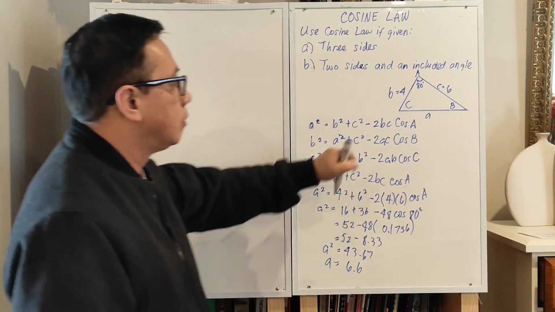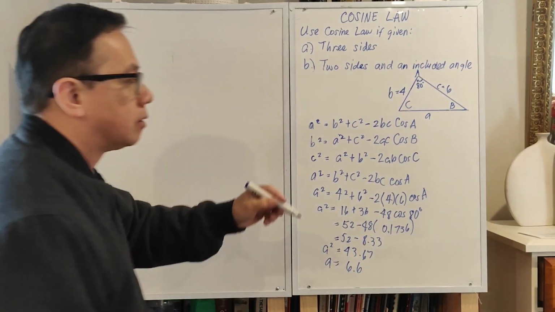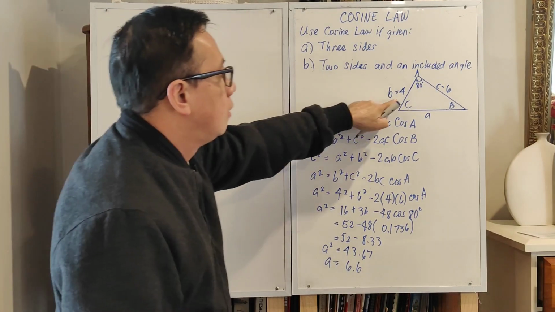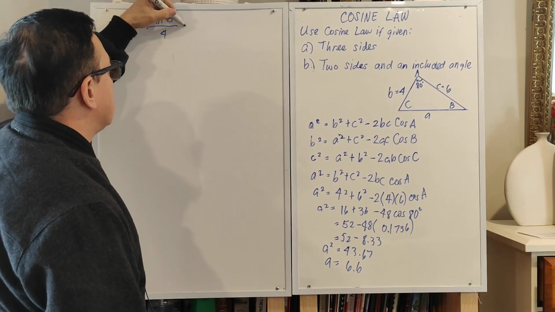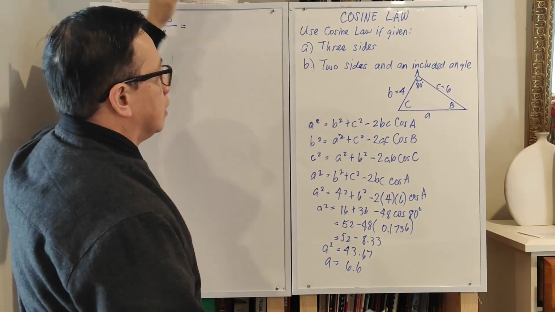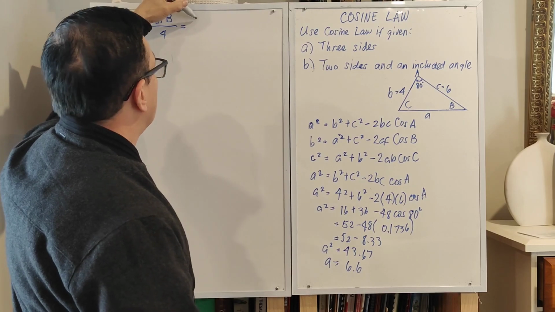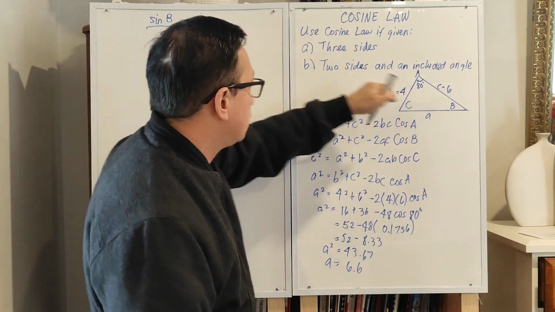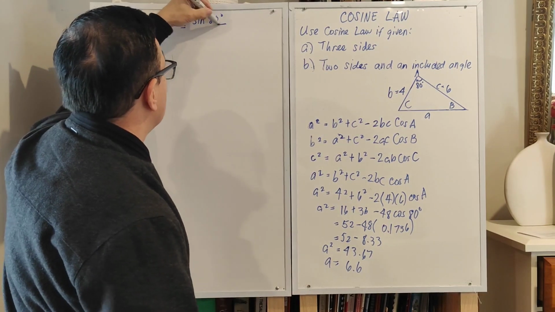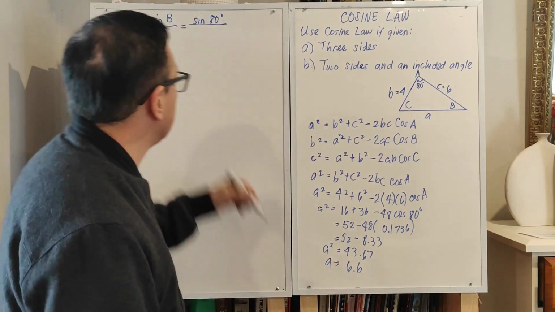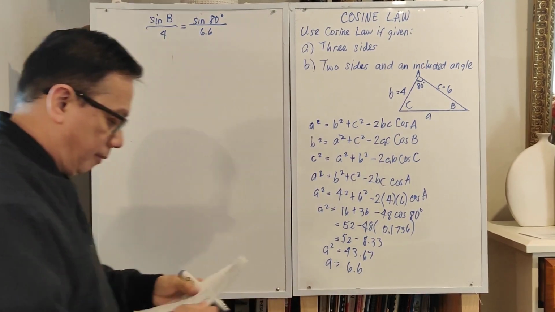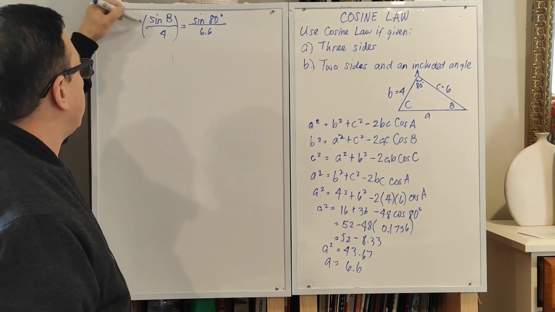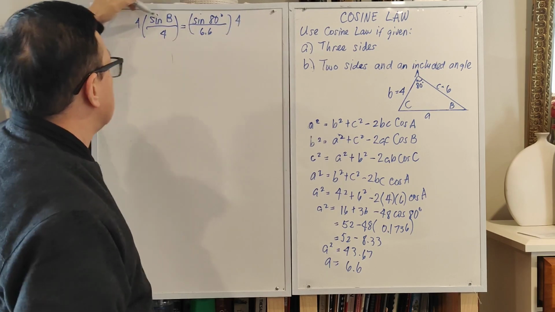Let us try to solve for angle B. So using sine law, we have sine of angle B over B, which is 4, is equal to sine A, which is 80 degrees, sine 80 degrees, over A, which we now have as 6.6. So we remove 4 by multiplying 4 on both sides. So 4 is cancelled.